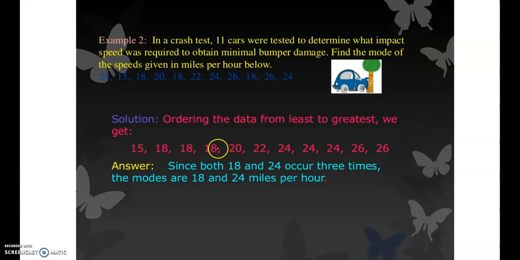So both these numbers, 18 and 24, occur 3 times. So the modes are 18 and 24. Okay, this is very simple, and you have to arrange all these numbers in ascending order and find out the number of occurrences.